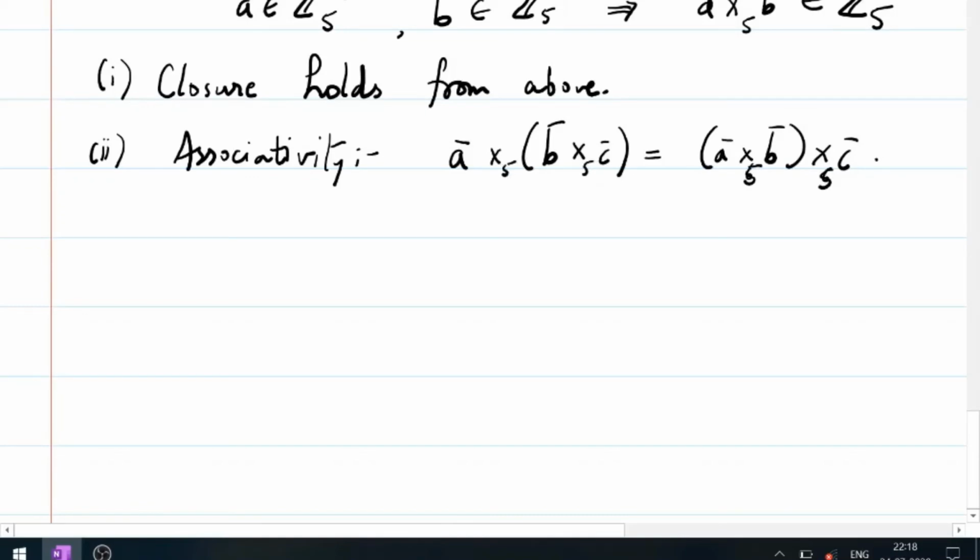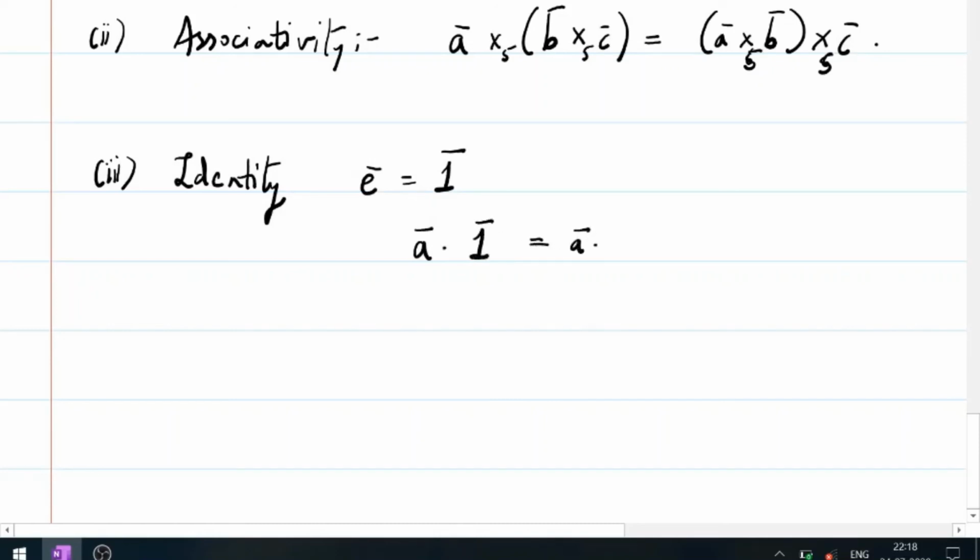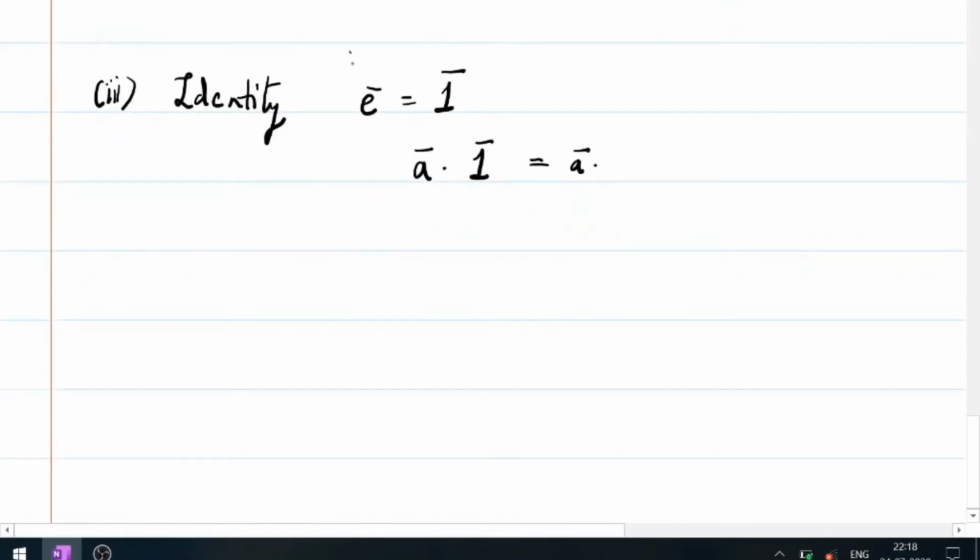Okay, this can be checked. Third is the identity. The identity e is equal to 1, obviously, because a bar into 1 bar is always equal to a bar. So the identity is 1 bar.